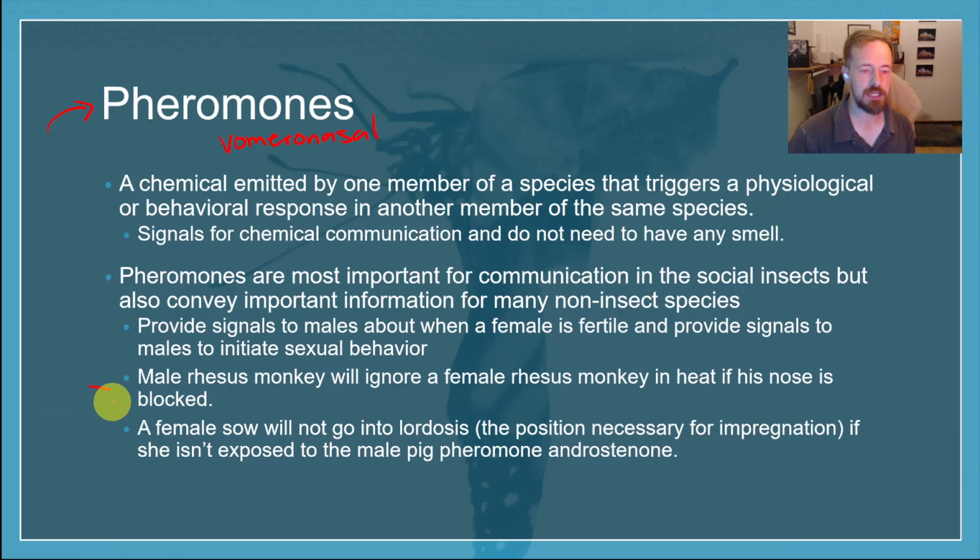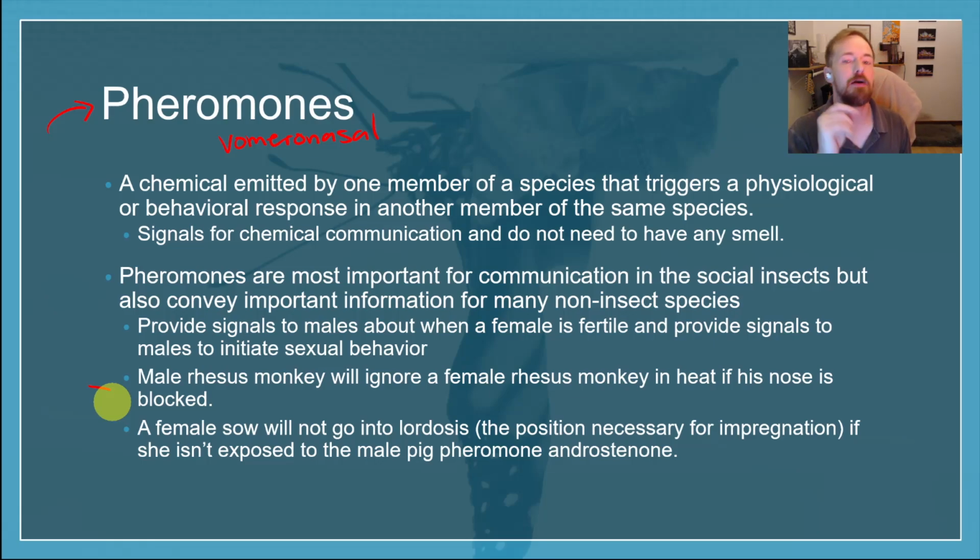We know that, for example, monkeys can smell whenever another female monkey is at a specific point in her reproductive cycle where she is ready to mate, or could have eggs fertilized at that point in her cycle.